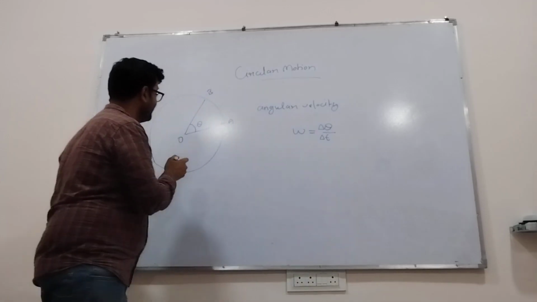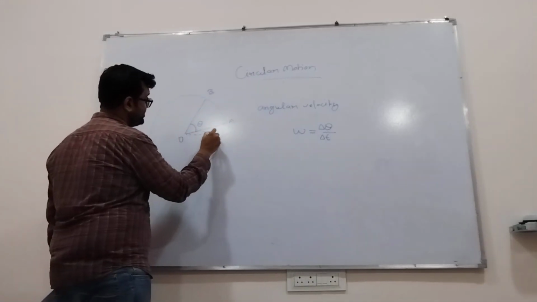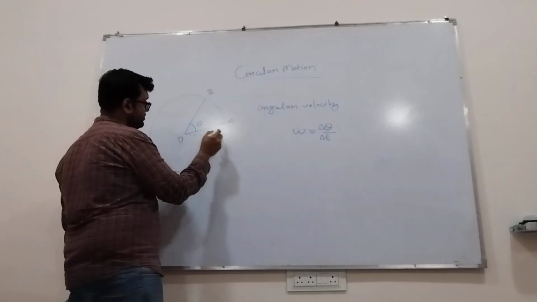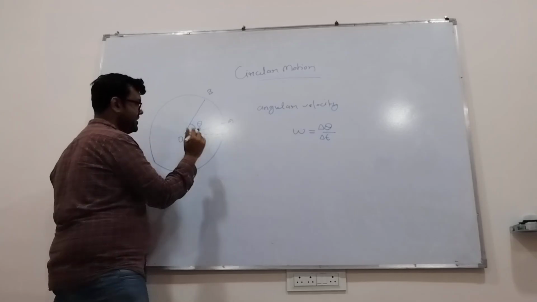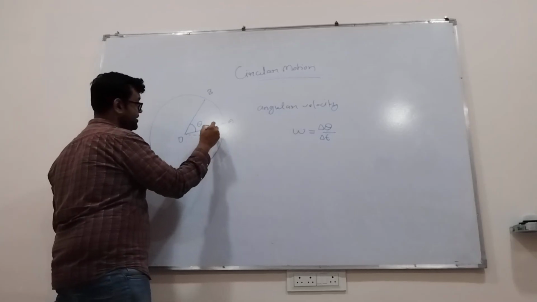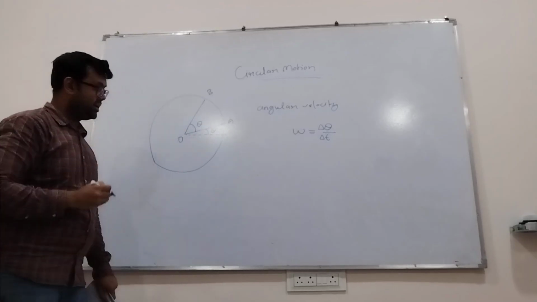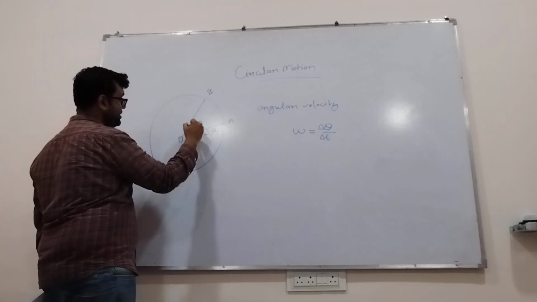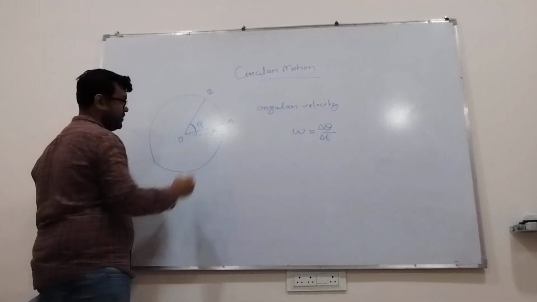Suppose it is the baseline. From here, this is making an angle of theta 1, and here it now has point B, that is making an angle of theta 2 from the horizontal.